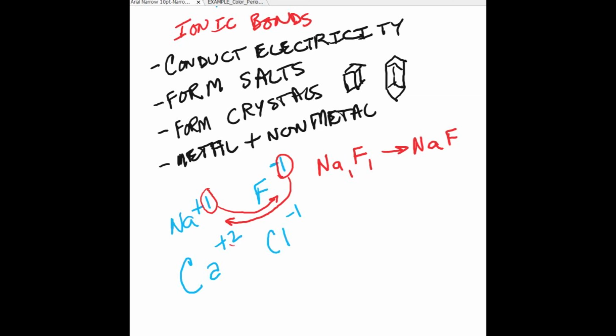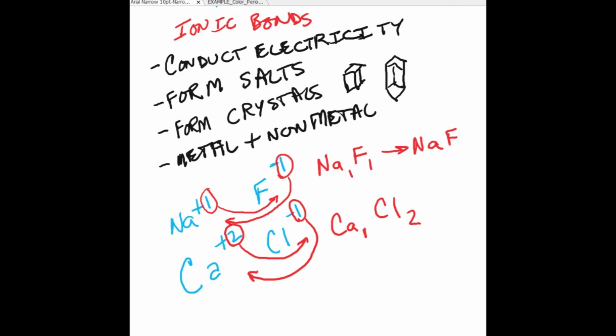Now here we have calcium would be 2 and chlorine would be 1. So we move these down as subscripts. So then we would have Ca, the 1 comes from the chlorine, and then the Cl, the 2 comes from the calcium.